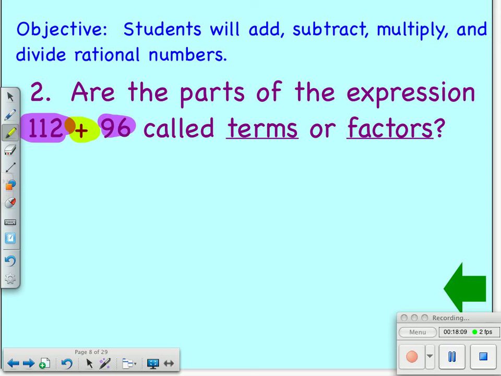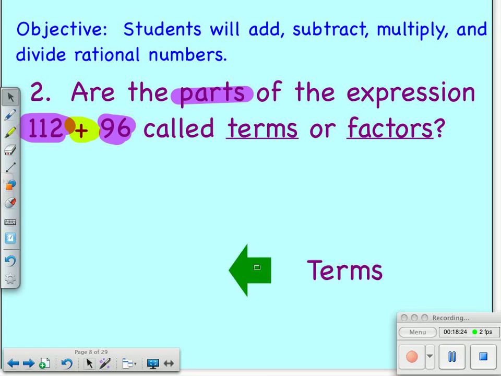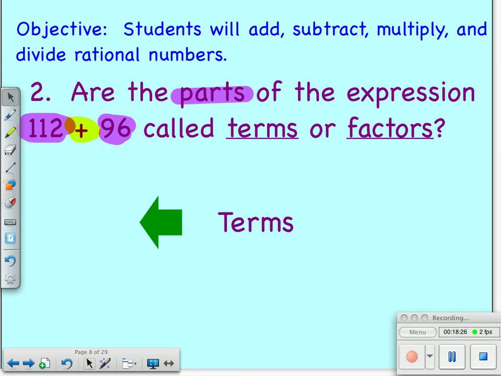They want to know if these are called terms or factors. Well, since this is addition, the numbers 112 and 96 are now called terms. And again, please make sure that you box your answer when you write it. Go ahead and pause the video, press play when you have all this written, and we'll move on to number 3.